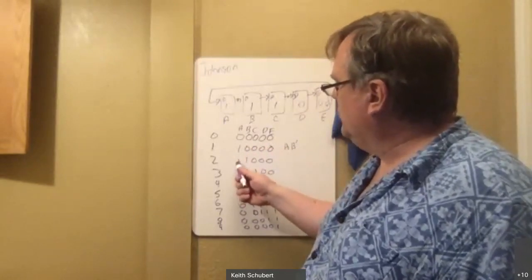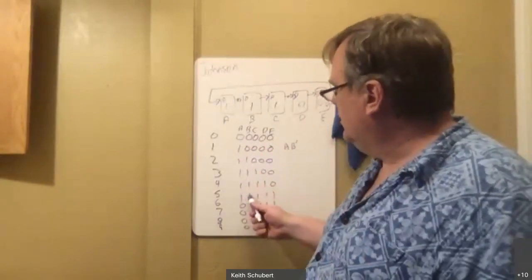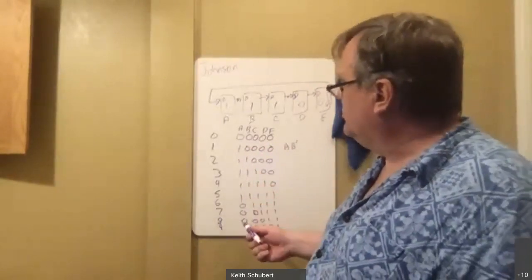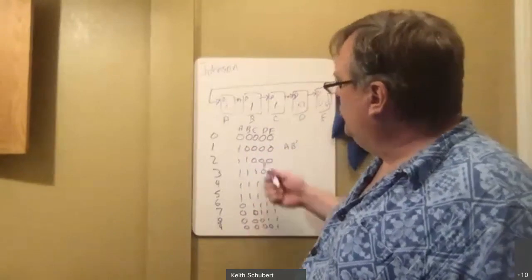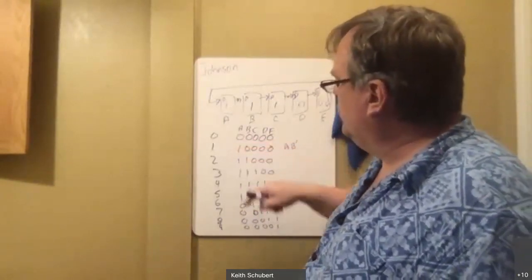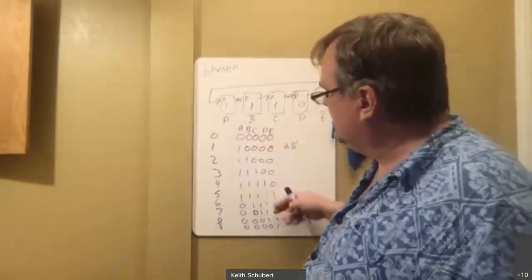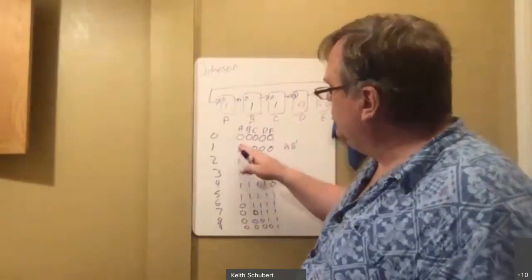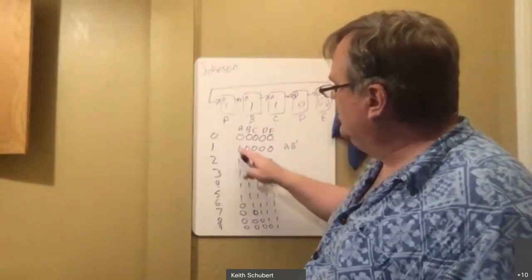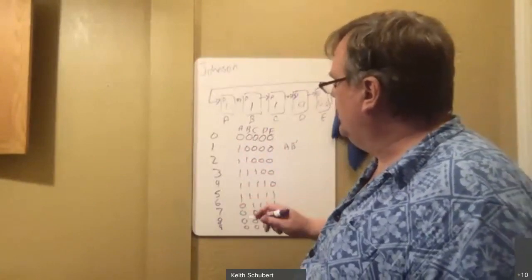Every spot where this one's on, the next one's on, next one's on, next one's on. There's no others, right? So the only time I get this whole pattern is when it's 1, 0. And you can see, because it makes continuous blocks of the zeros and ones, all I have to do is find where the edge is, right?